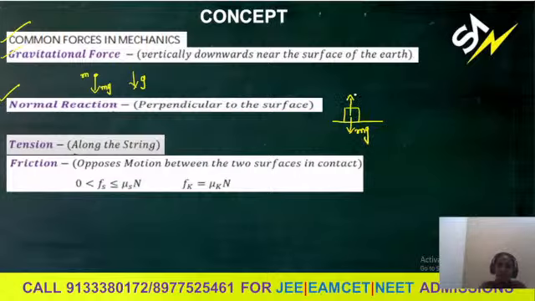Opposite to it is the reaction force, which is the normal reaction force, perpendicular to the surface. The gravitational force is also perpendicular to the surface, acting vertically downwards. For example, we are given an inclined surface.